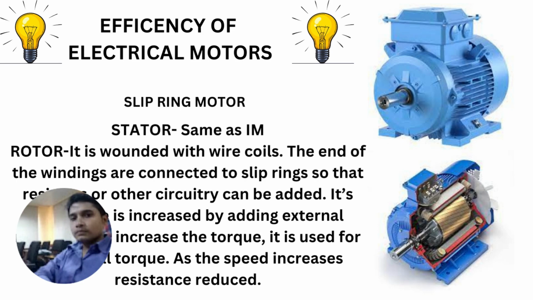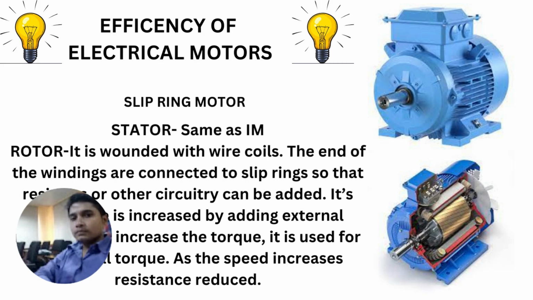Now let us discuss the slip ring motor. Here the stator is the same as the induction motor, but the rotor is wound with wire coils. The ends of the windings are connected to the slip ring so that resistors or other circuitry can be added to it.